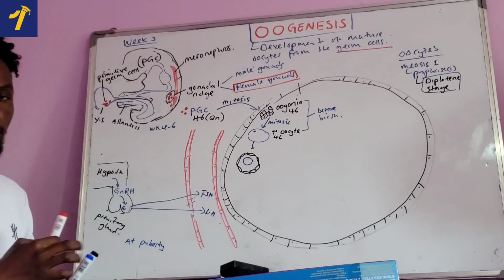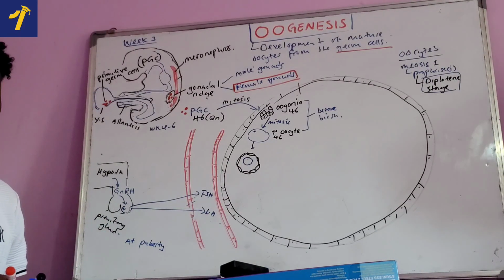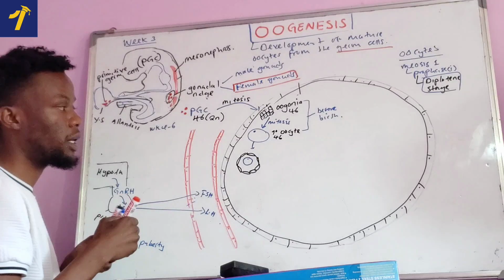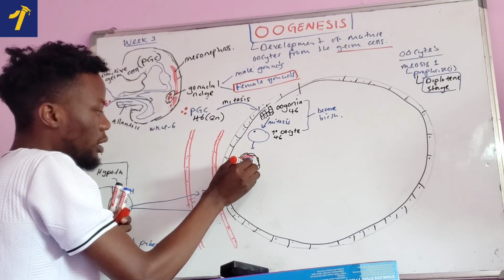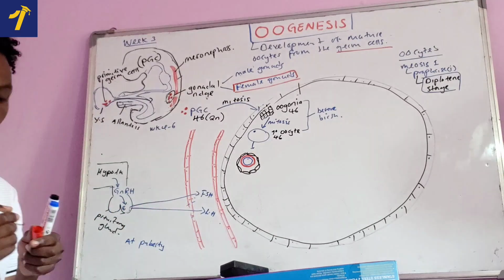And since there are now some cells surrounding this primary oocyte, there will be a glycoprotein also produced, so that it protects this primary oocyte.